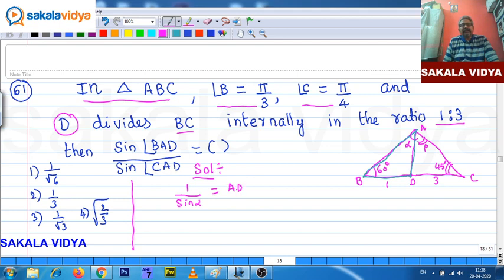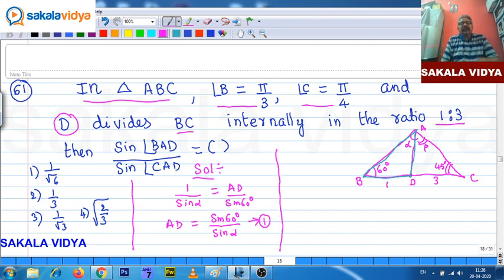So from this AD value is equal to sin 60 degrees by sin alpha. Say equation 1.